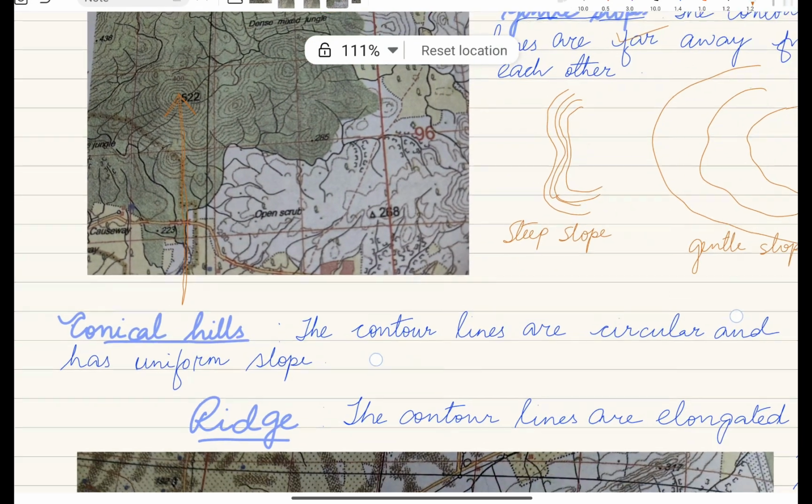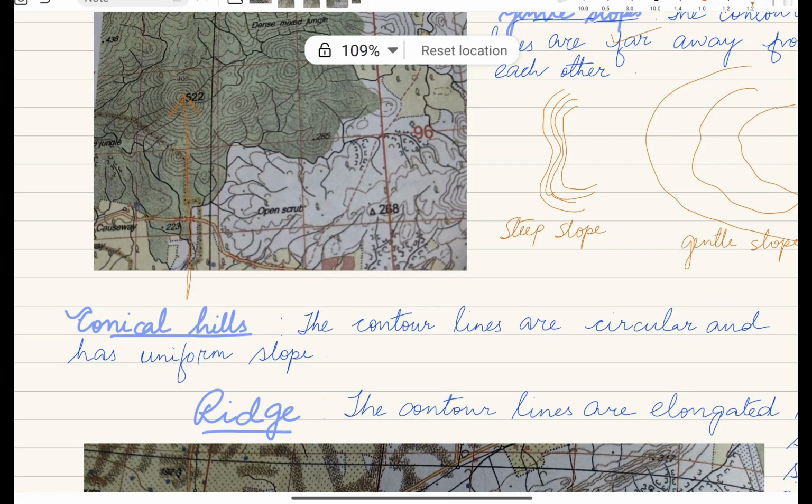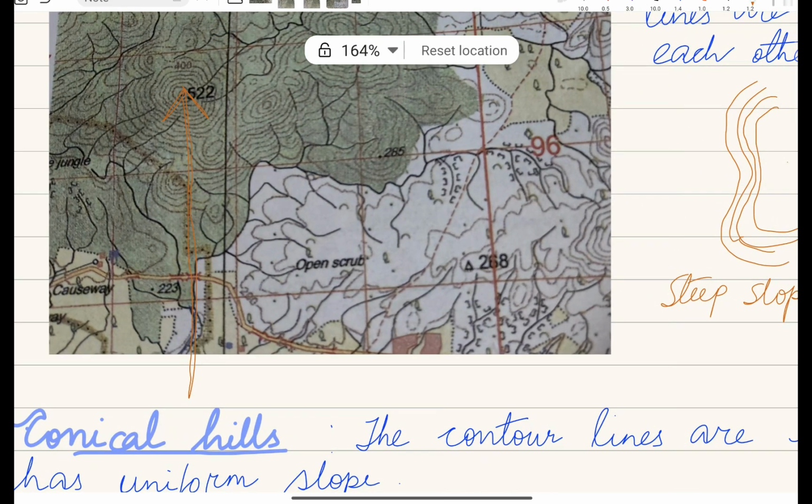Contour lines also show us whether it is a circular hill or conical hill. Suppose you see this figure, all the contour lines are more or less circular in shape, round, and placed at more or less equal distance from each other.